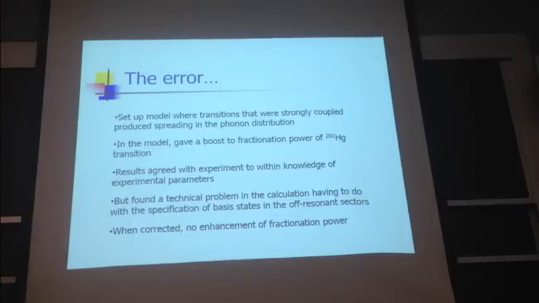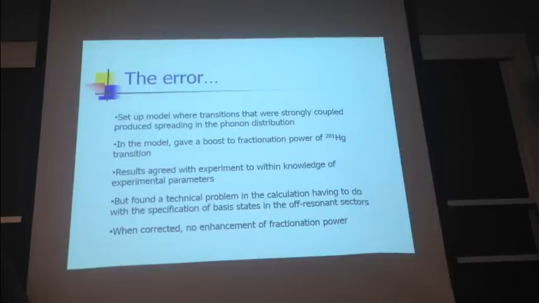Well, in this model, I said, I don't know that, let me calculate what they do explicitly. So I made a calculation of what they did explicitly. And when I did it, I ended up introducing some additional fractionation power due to the coupling to these strongly coupled transitions. And that's what gave the good answers.